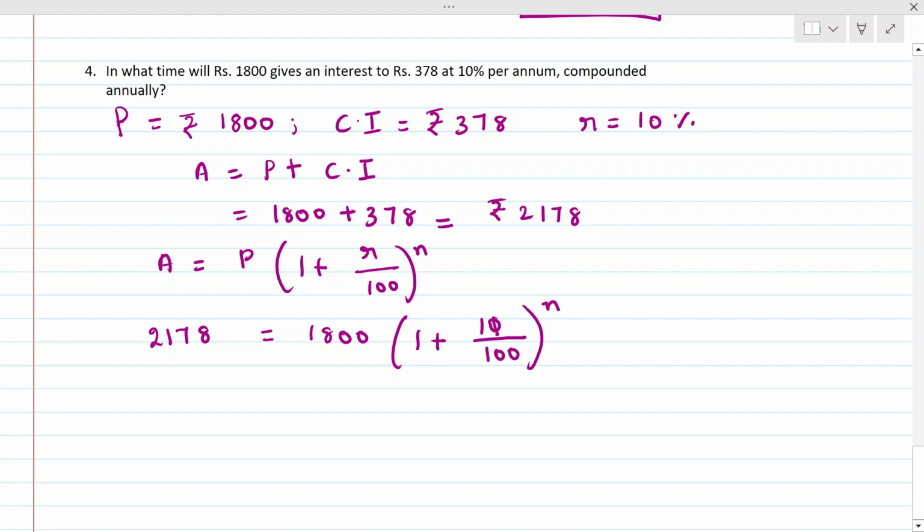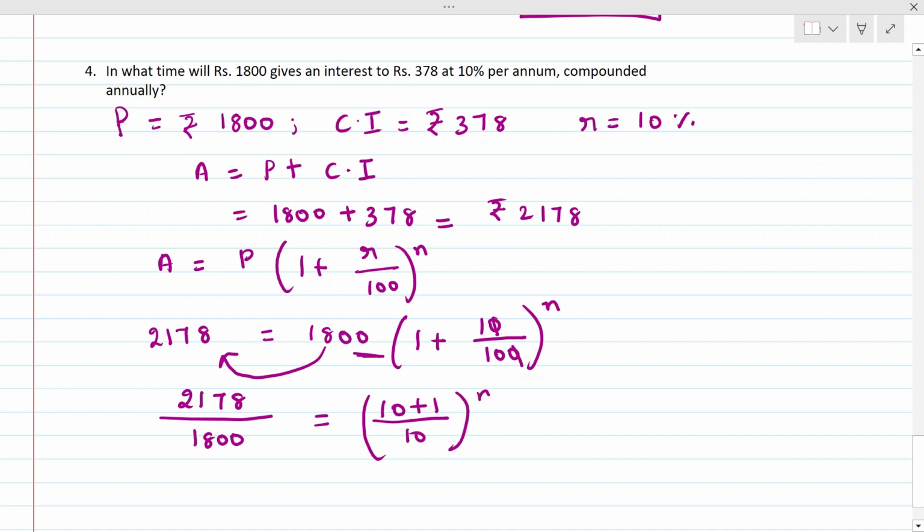So we can cancel this 0 and this 0 here. Now, as usual, we can send this to the other side. So it will become 2178 divided by 1800 because it is in multiplication, so we are sending it to the denominator side, equal to, when we take LCM, 10 plus 1 by 10 the whole power n.